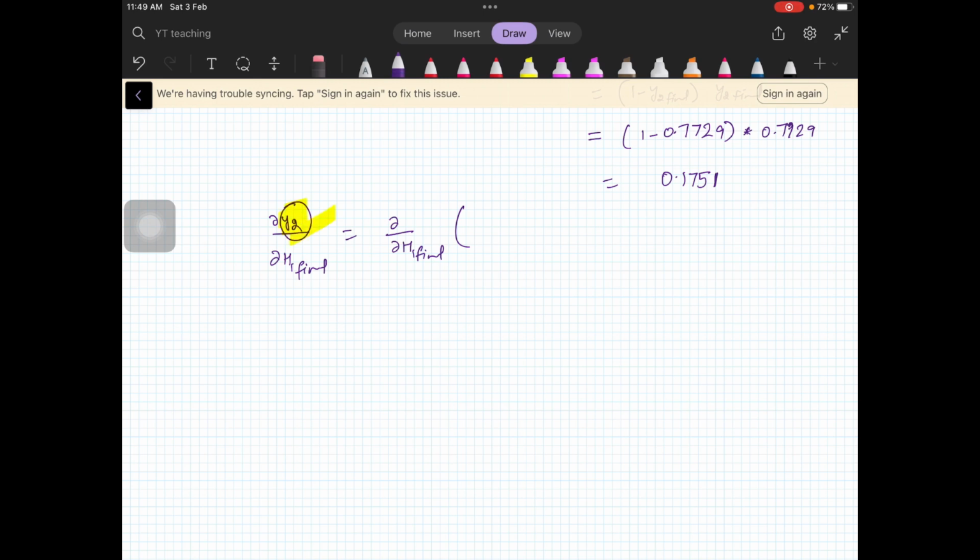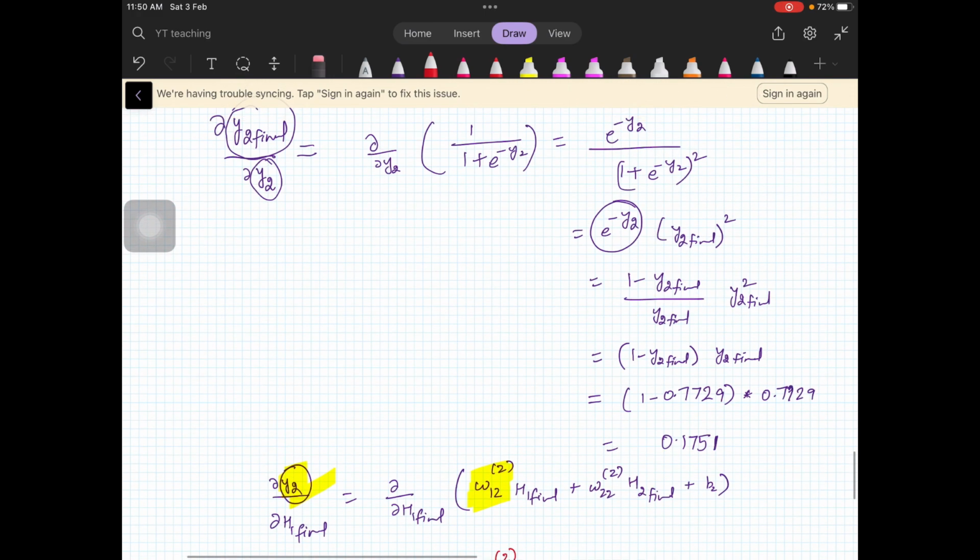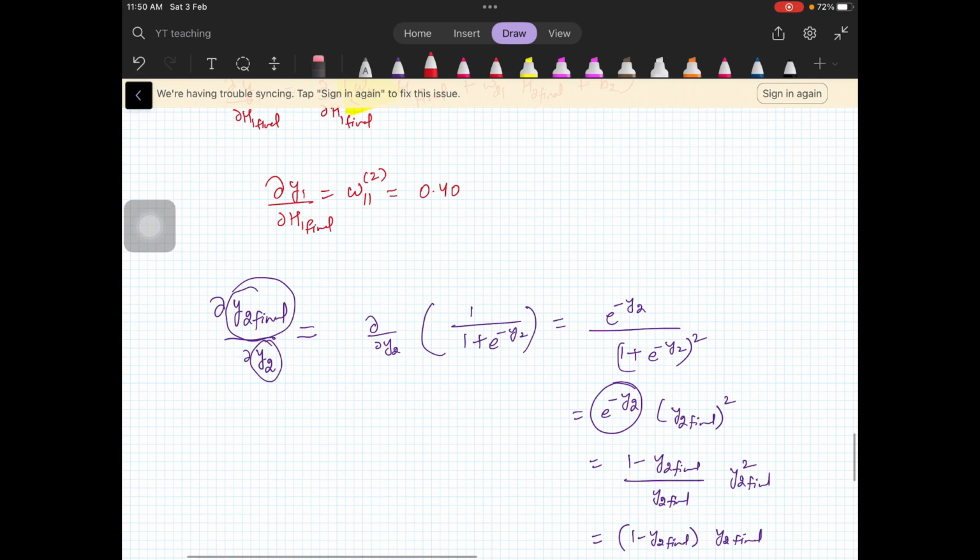For that you have the weight W12, the second layer weight, H1 final, and then you have W22, the second layer weight, H2 final, and then you have B2. If you differentiate, that would be W12, the second layer weight, and that is 0.50, right? So you have your values here. You just put these values here.